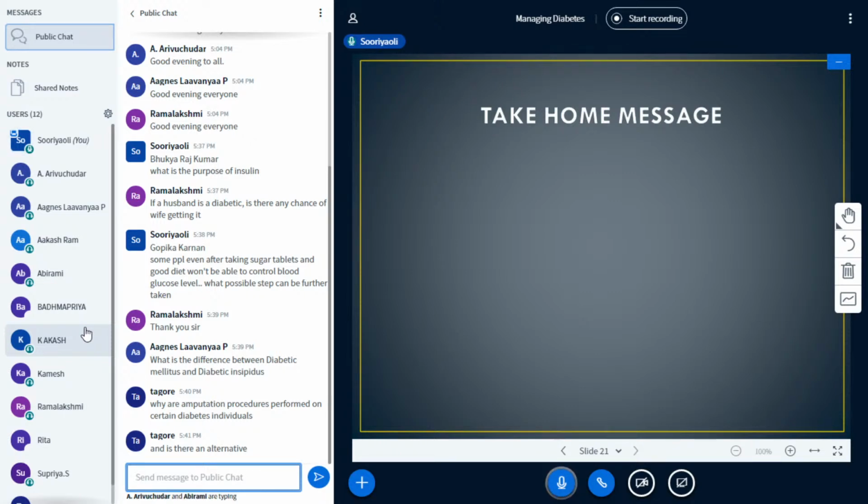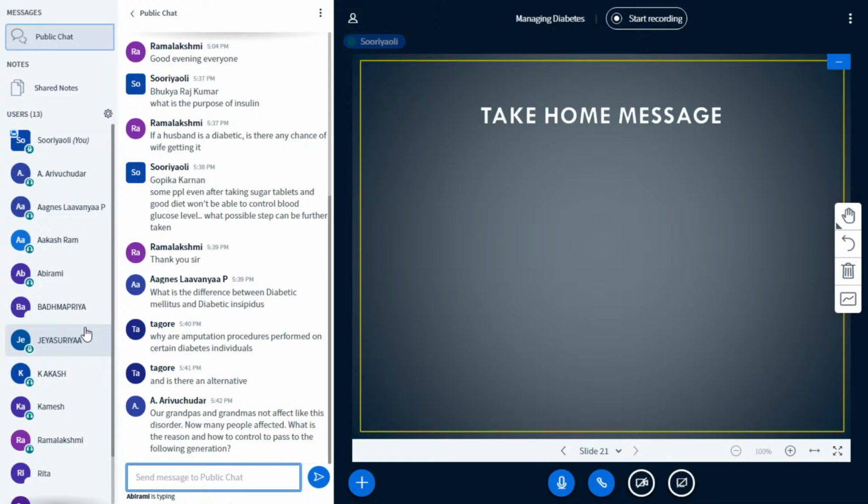We'll get back on the connection. Jaisuriya, is it audible?